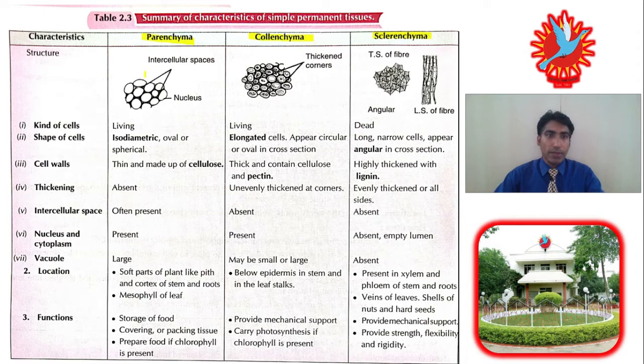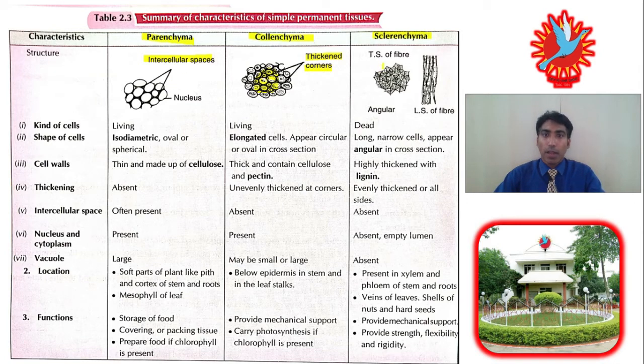As you can see, among the cells of the parenchymatous tissue, intercellular spaces are present, but the walls of these cells are very thin. On the other hand, no intercellular spaces are present in collenchyma, and the walls of the collenchymatous cells are thick compared to the parenchymatous cells.